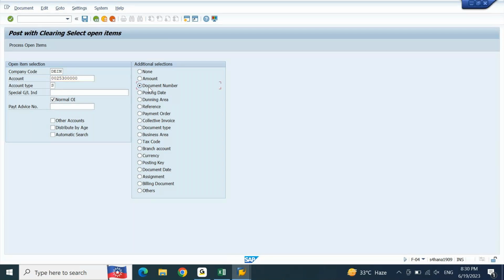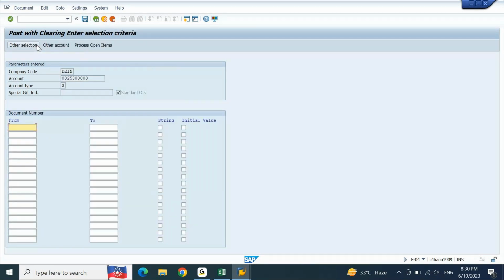Put the radio button on document number, press enter on the keyboard or click on process open item. You will get another screen wherein the system is asking you to tell it the document number which you want to clear from this GL account. Put this document number. After giving this document number, click on process open item.